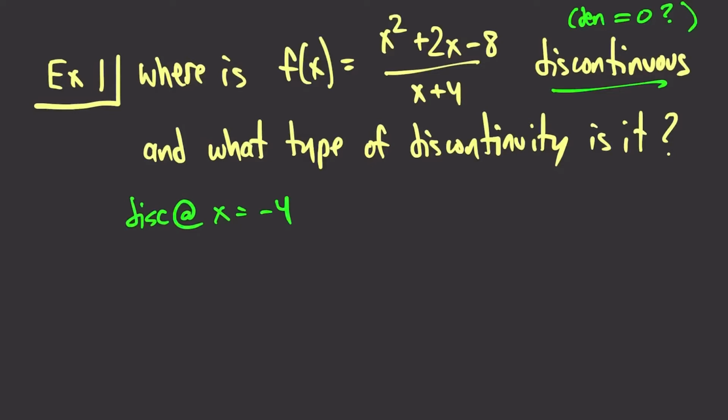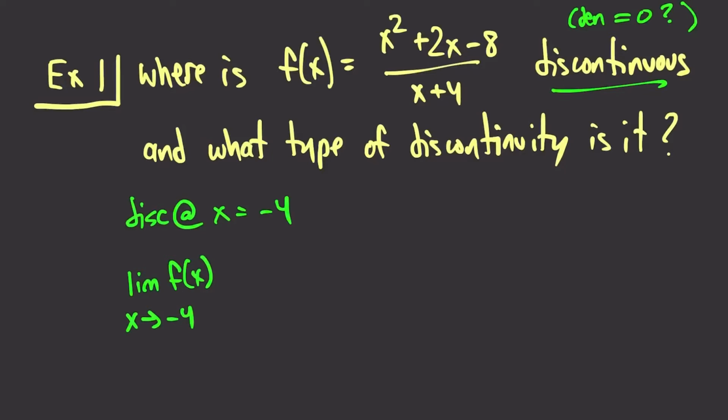So now, what do we do next? I know there's discontinuity there. What type is it? Well, after you determine where it has discontinuity, you have to find the limit at this value. So what we're going to do next is take the limit of f of x as x approaches negative 4.